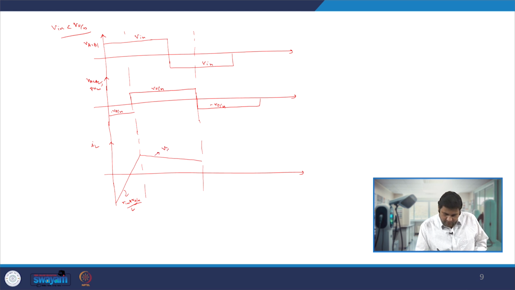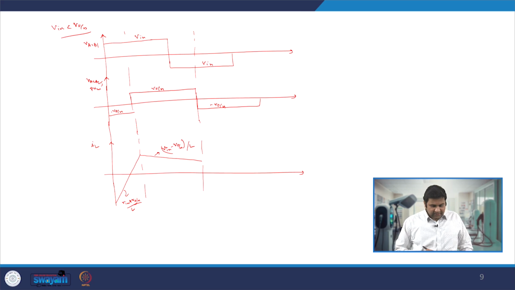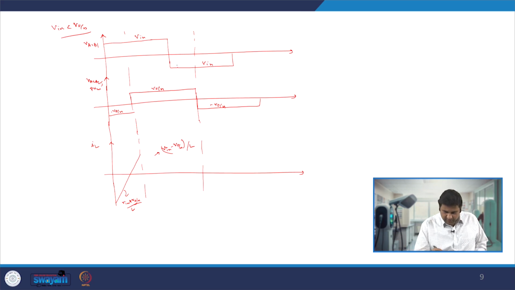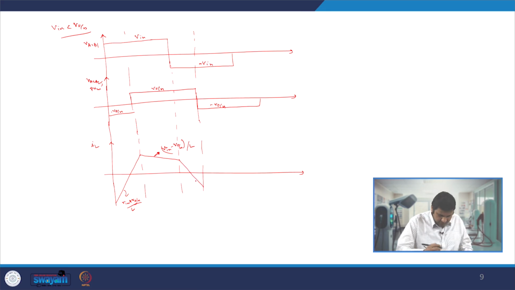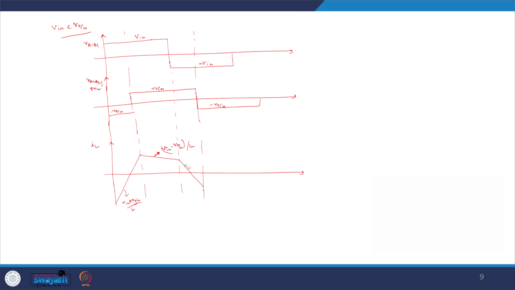So the slope is V in minus V naught by N divided by L. With that slope it is falling, since my V in is less than V naught by N. This continues up to this point, and beyond that point the voltage is minus V in, and I have minus V naught by N. So it is again falling sharply.